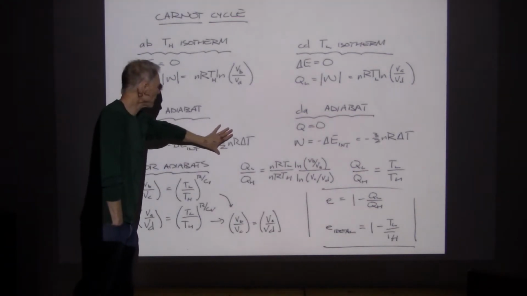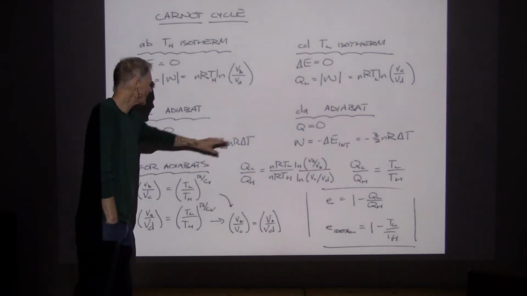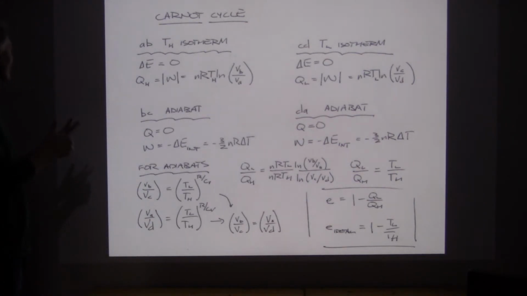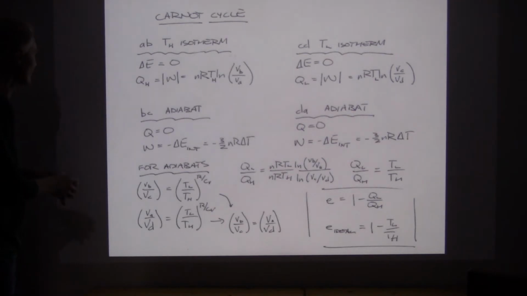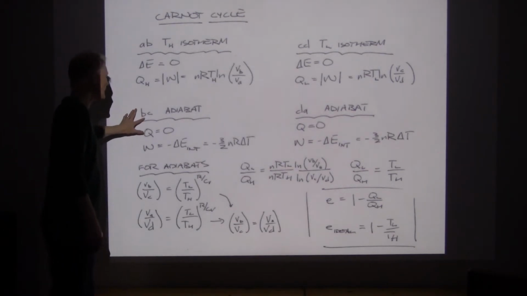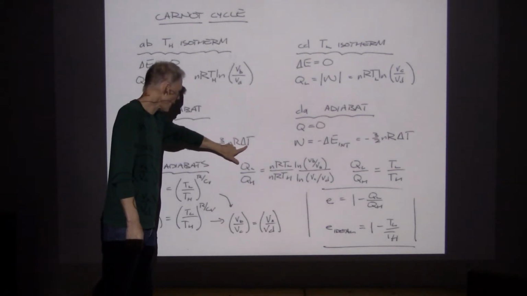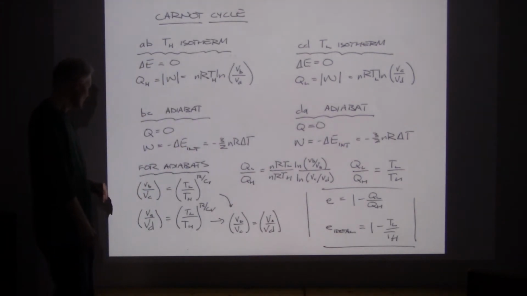This is going to give us a positive amount of work coming out through that process. So we get work out in the first step, and an additional amount of work out in this step. Again, in BC, the temperature is dropping, delta T is negative, and that's going to cancel the negative sign here.